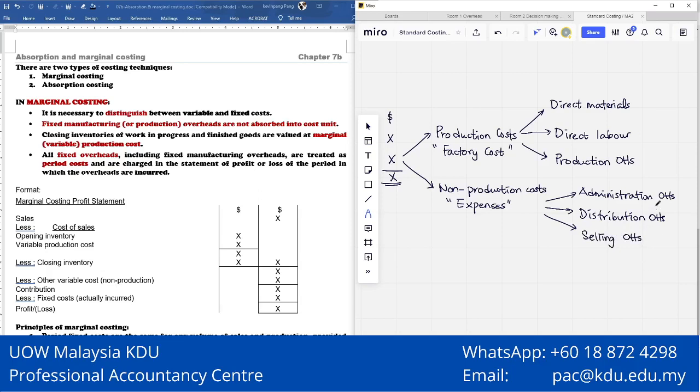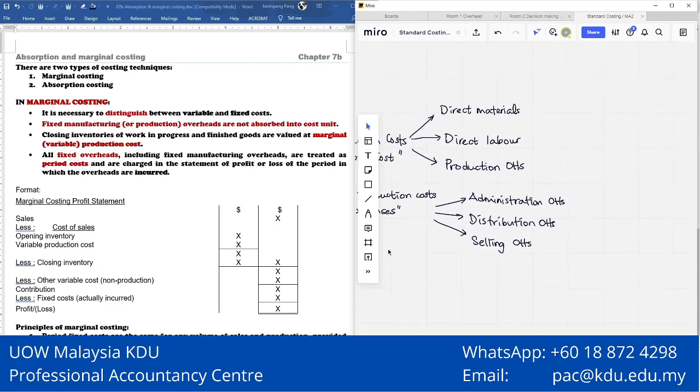Alright, when we want to do a marginal costing profit statement and an absorption costing profit statement, first we need to differentiate between our production costs and our non-production costs. And the next part, we need to separate out the cost behavior for all these costs. Direct material will change according to the production, so direct material is a variable cost.